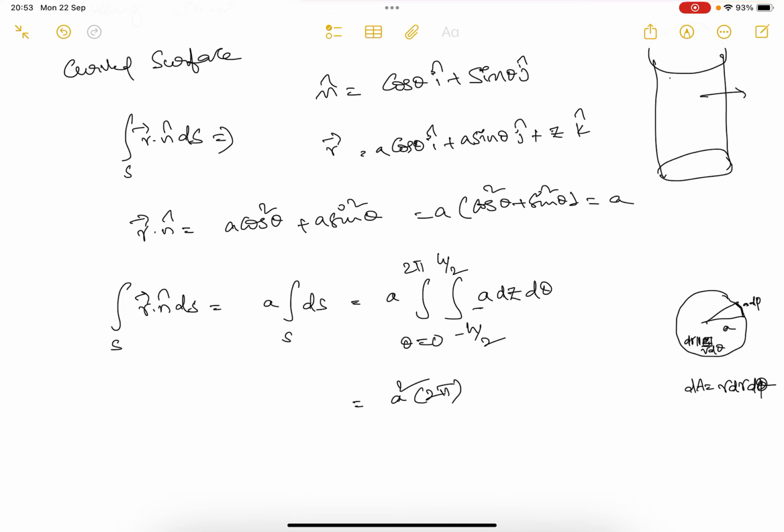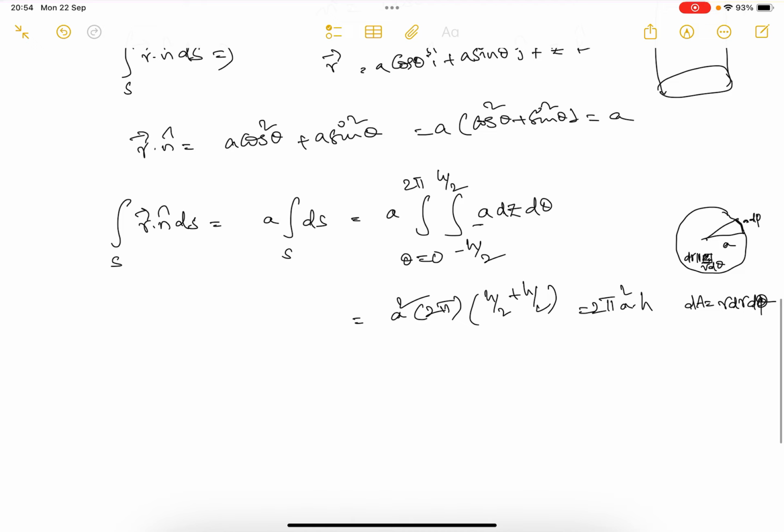Then the integral of dz is z, which is h by 2 minus of minus h by 2, which is h. So you get 2 pi a square into h, right? This is the curved surface part.